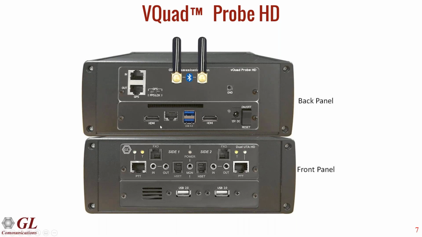You can connect a monitor, a keyboard and a mouse, or you can just basically connect it to the network through the Ethernet port or through Wi-Fi and control it remotely.